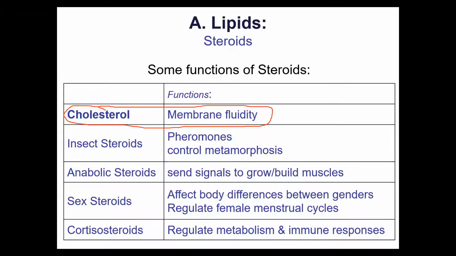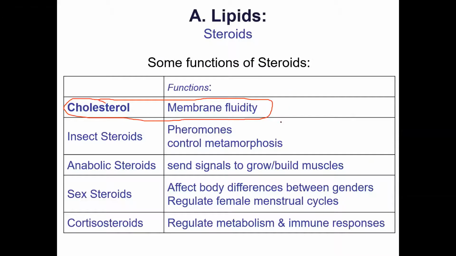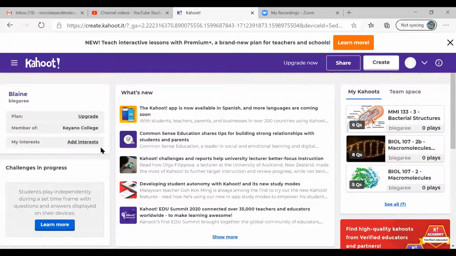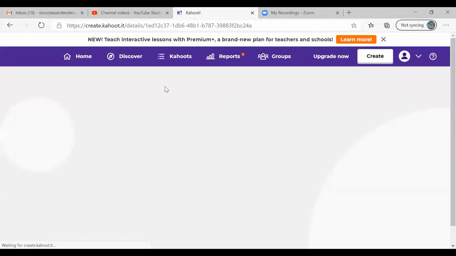Okay, so back to my PowerPoint here. Okay, it looks like I have a Kahoot for you guys here. So I'm going to get you to load up your Kahoot app, and I will load up the quiz. So where is it? Macromolecules, this one here.